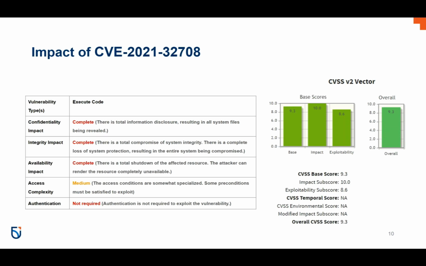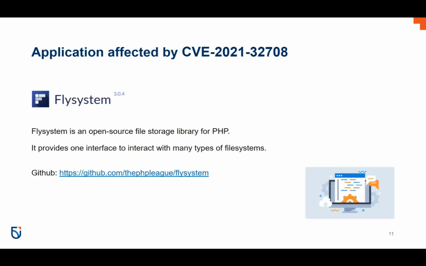Next, we take a look at the open source application affected by this vulnerability. The name of the application is FlySystem. FlySystem is an open source file storage library for PHP. It helps to provide a single interface for many types of file systems.